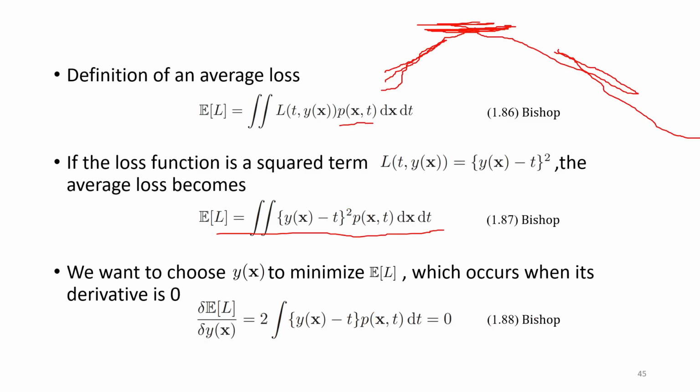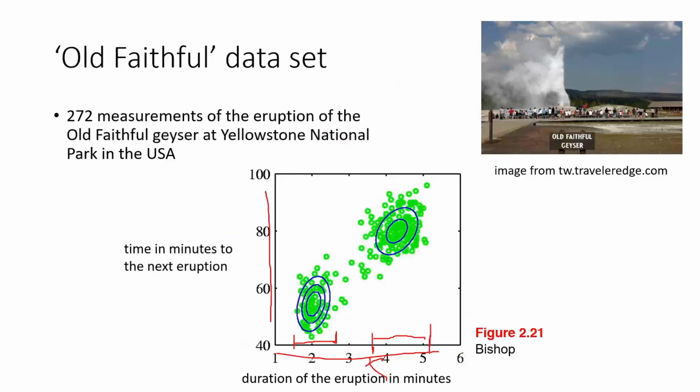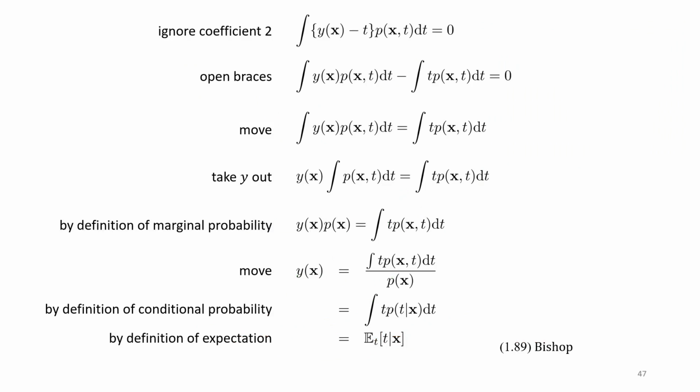So that's the reason why here we use the joint probability density function. From here, if we want to get the minimum error expectation, let's continue. From this equation, let's ignore the coefficient 2, then we get this equation.